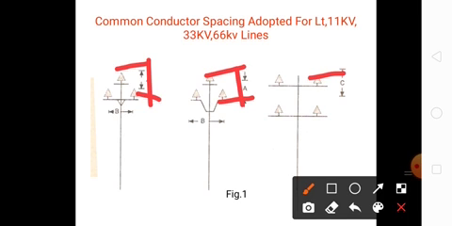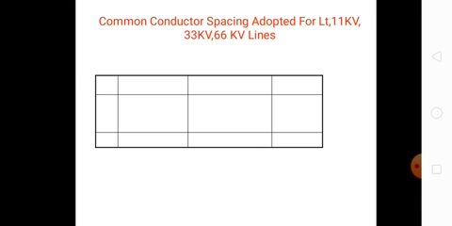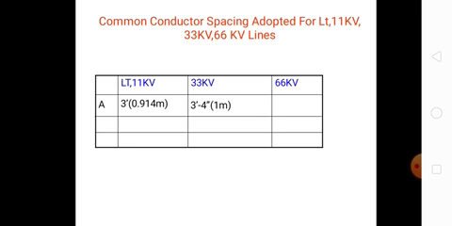Here the first one is 11 kV, the next is 33 kV, and then 66 kV: 0.914 meters, approximately 1 meter, and 1.8 meters.